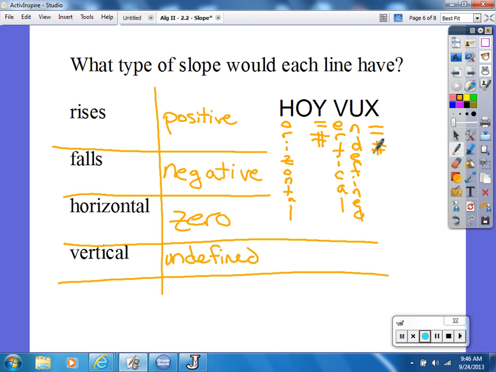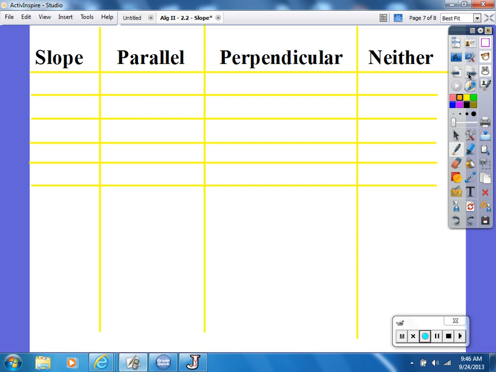Notice I'm saying y equals a number, x equals a number, not y equals mx plus b, like Caleb had said earlier. Because those have slope, and they could be rising or falling. Okay. So that's a little key thing to help us out to remember horizontal and vertical.